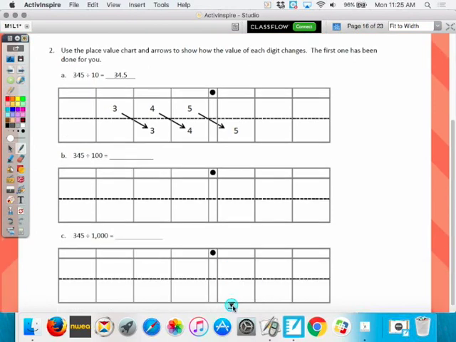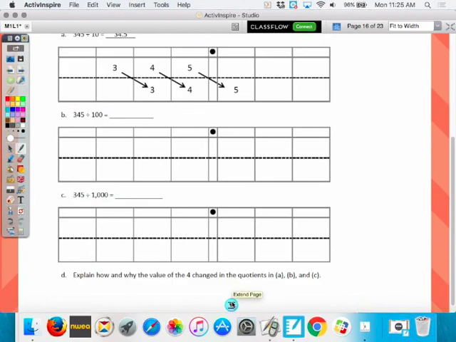Okay, let's start out by labeling the place value chart. What advice did I give you about this? Start where? Thousands. Work your way backwards.